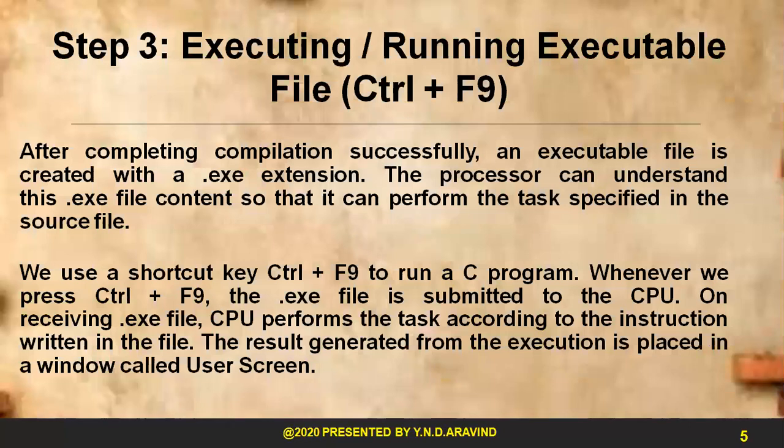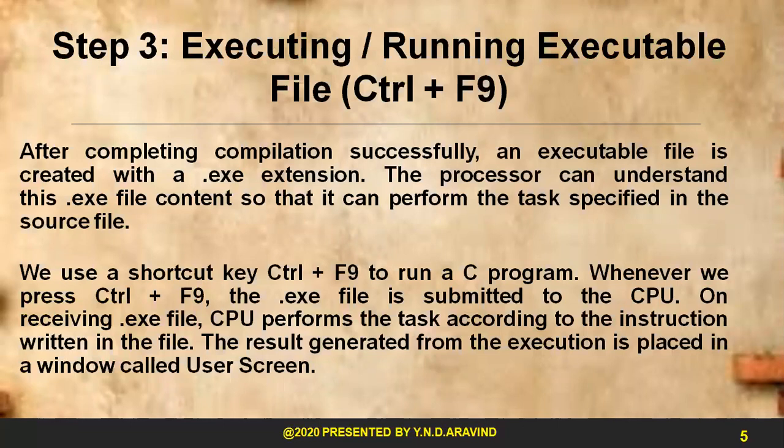That is, we need to run the executable file. After completing the compilation successfully, an executable file is created with a .exe extension. The processor can understand this exe file's content, so it can perform the task specified in the source file. We use the shortcut key Ctrl F9 to run the C program.